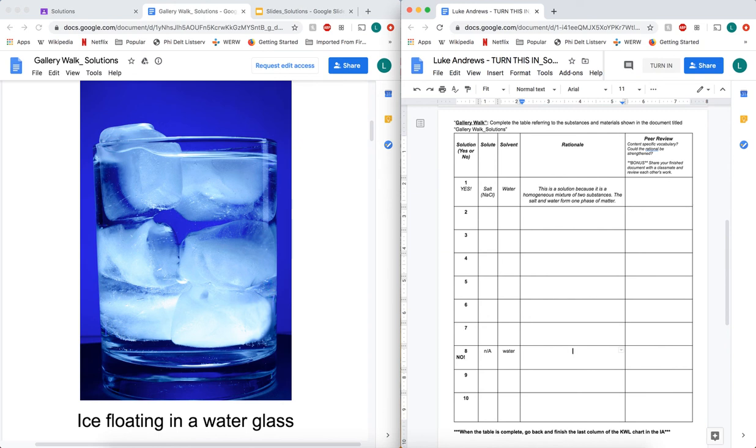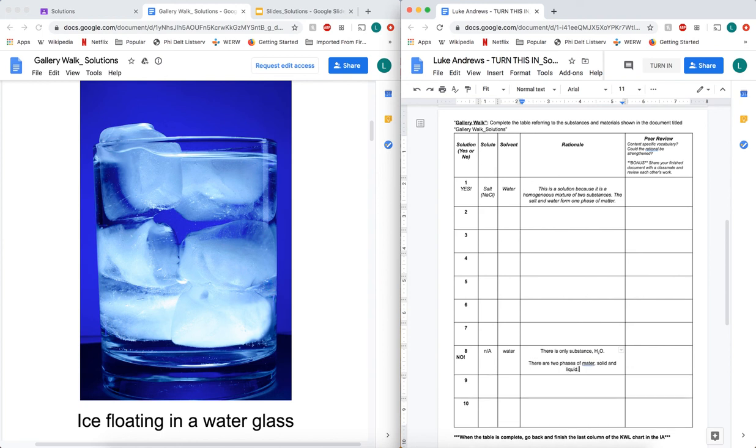So my rationale for why this can't be a solution: there is only one substance, H2O. Another reason why this is not a solution is that there are two phases of matter, solid and liquid.